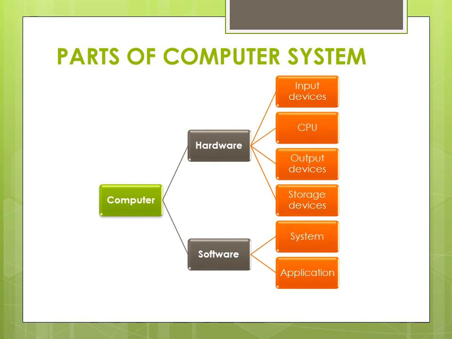First of all, the input device, which we have studied, is used to enter instructions to the computer. The CPU processes the instruction, and the output device is used to show that instruction in the form of a result or a hard copy. There are many storage devices, DVD-ROM, CD-ROM. I have already described them. Now software has two types, system and application, and we will study these types in the next lecture.